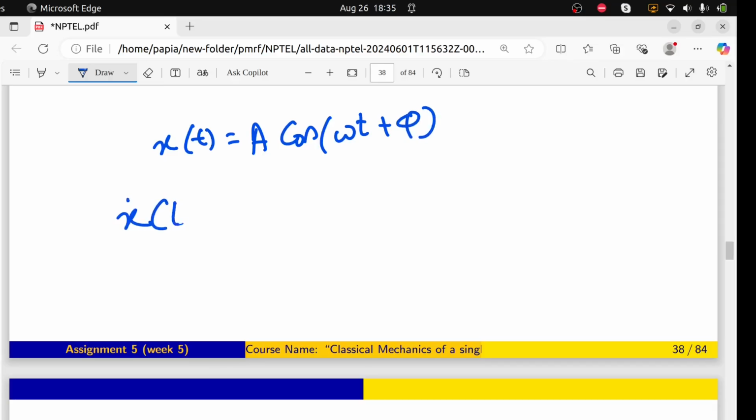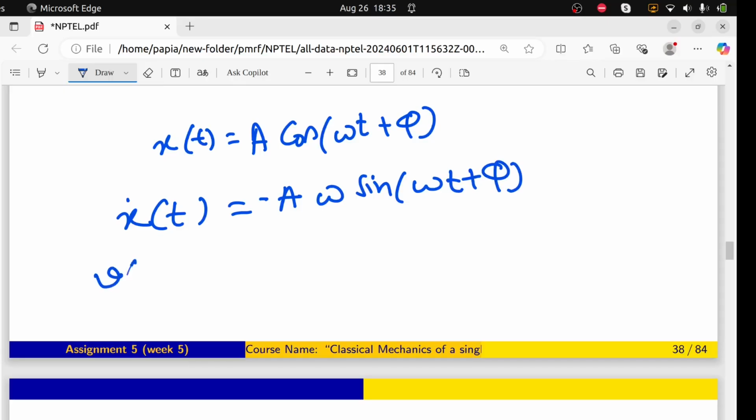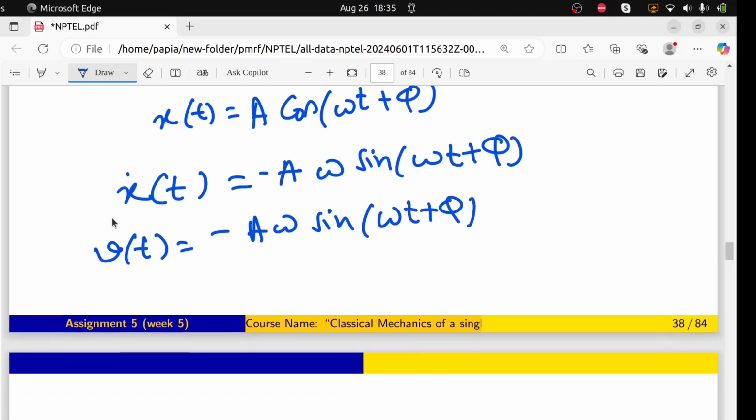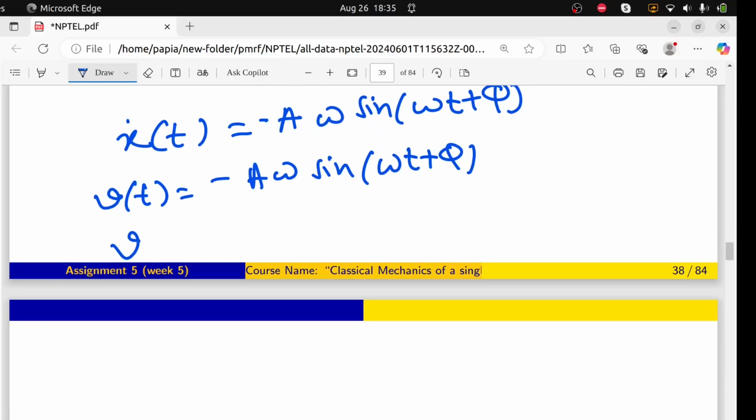So x dot is what? Yes. So v of t is this. Now to get v as maximum, it should be maximum.